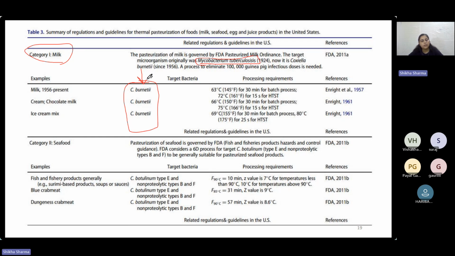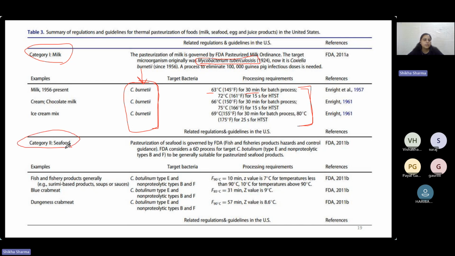Then if its count is low, not at a public health risk amount, we can say that the milk is pasteurized. So these are the processing conditions which are being used, like maybe 63 degrees or 60 for 30 minutes, like that.